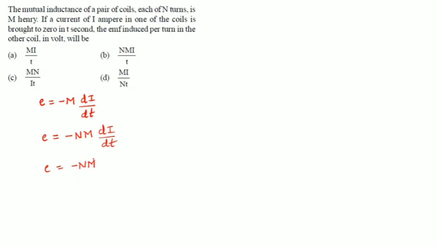The current is changing. Current of I ampere in one coil is brought to 0. It means final current is 0 minus initial current I in time t. So the equation becomes E equal to minus NM into 0 minus I, this is minus I. Minus into minus will be plus NMI divided by t.